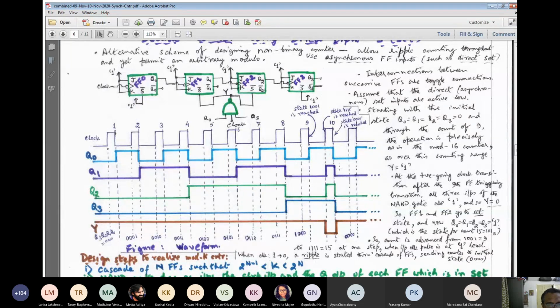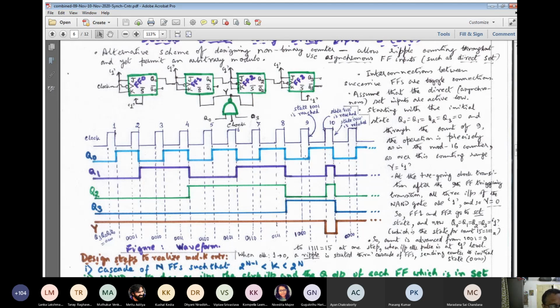But if you ignore the delay through the flip-flop, as soon as the active edge trigger takes place in the clock, FF0 will have a transition from 0 to 1. Only FF0 will have a transition.